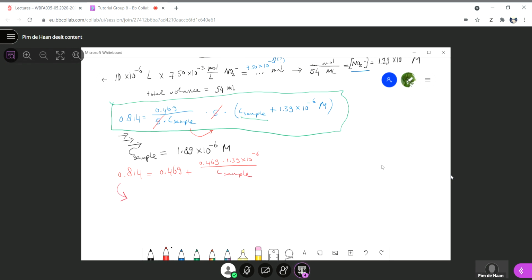Then we can rewrite this as 0.814 minus 0.469, sorry, not equals.